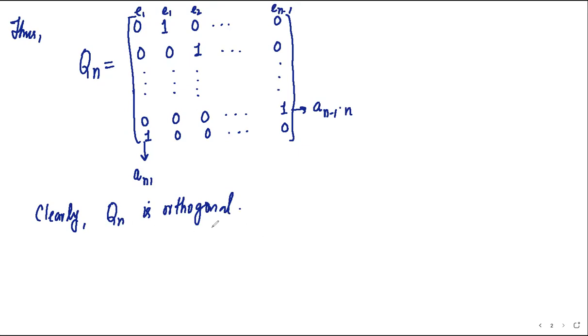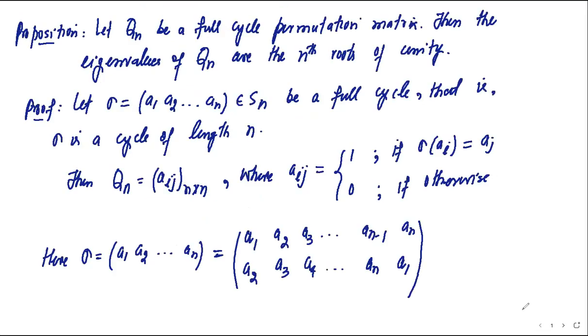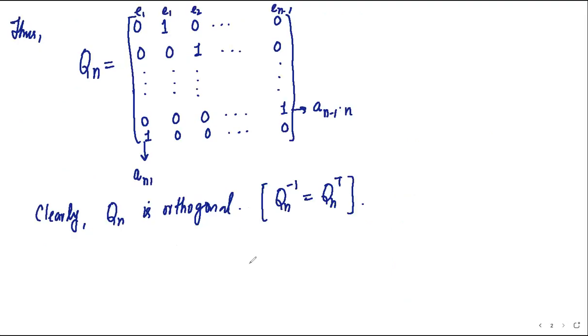And once we have this matrix Qn as orthogonal, then orthogonal means that Qn inverse is equal to Qn transpose. So therefore, our matrix Qn is this matrix, and this was obtained from the permutation sigma, which was chosen to be an n cycle. Now again, let's have a look at this permutation sigma.